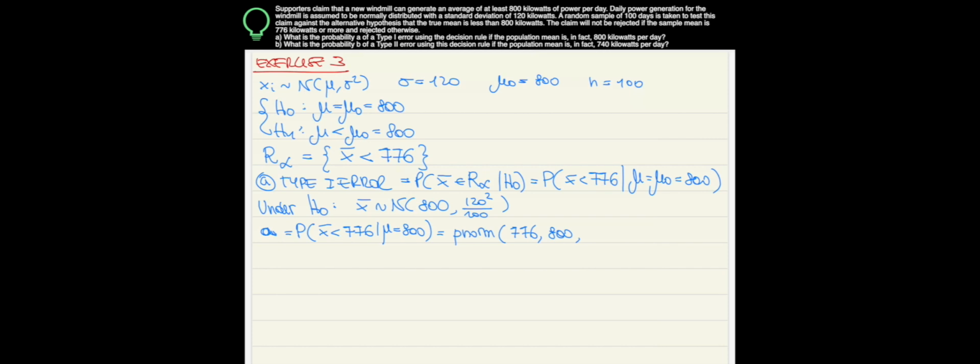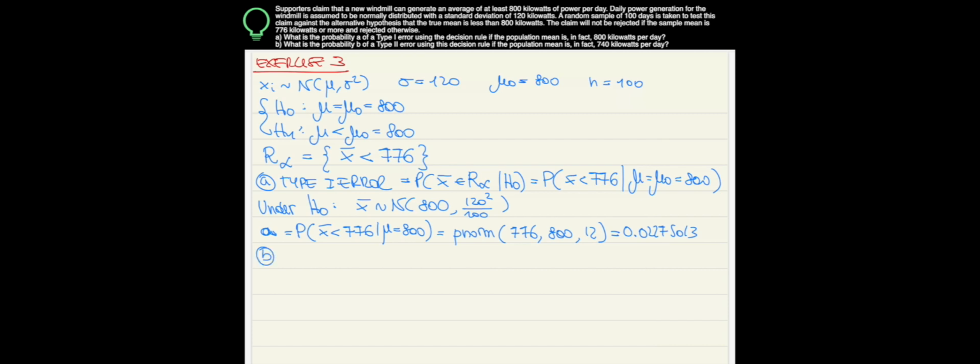The square root of 120 squared divided by 100 is 12, right? Trust me with the calculations, 0.0227513. Okay, so this is the type 1 error given this critical region.